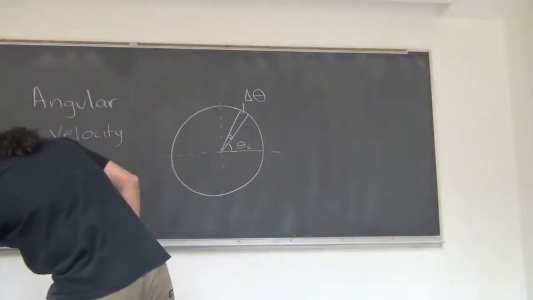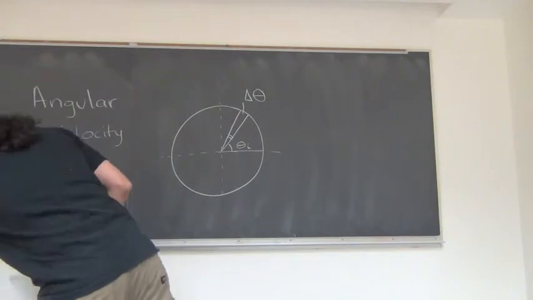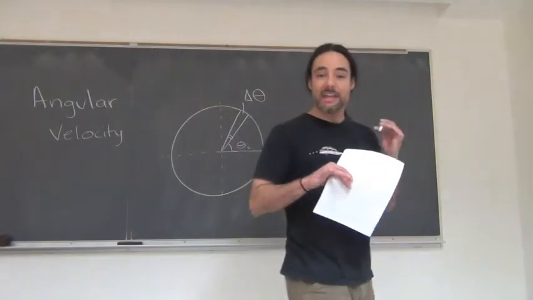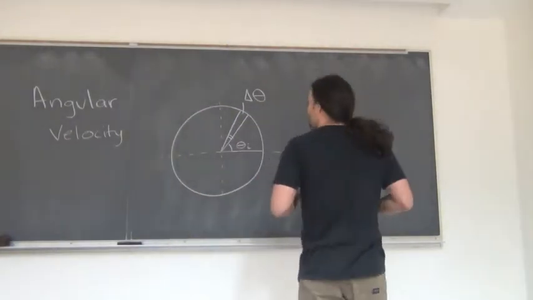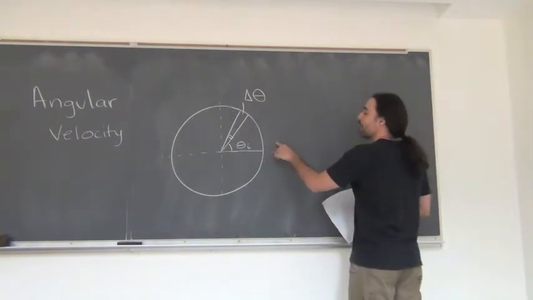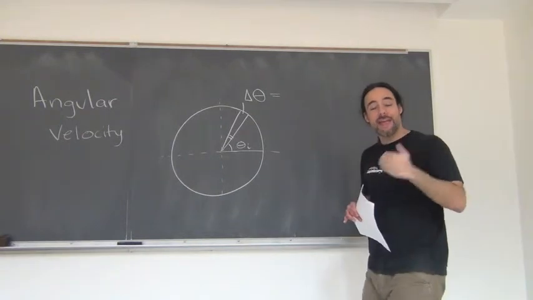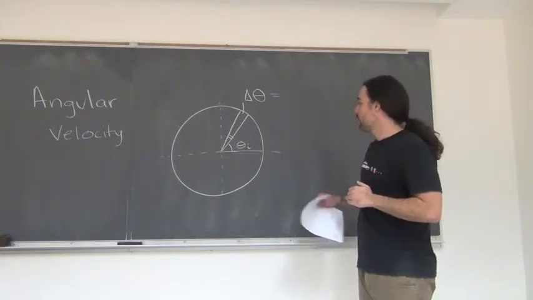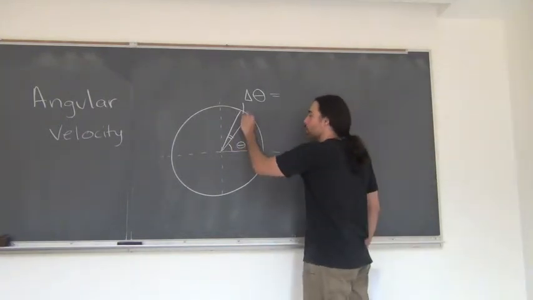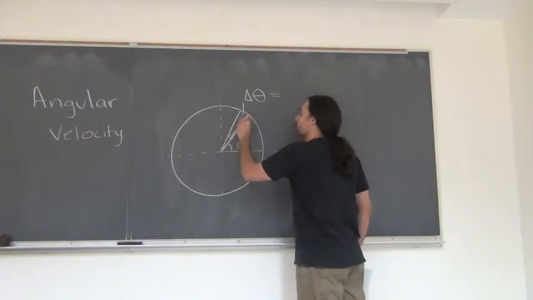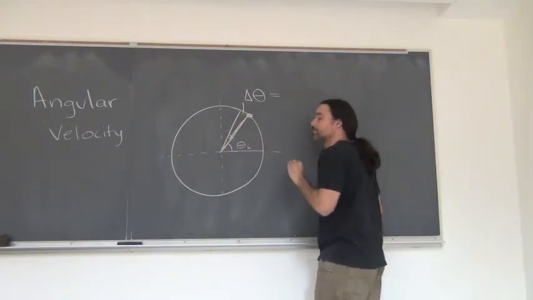So we're going to do that by defining a quantity called the angular velocity. First I want to figure out, how much has my angle changed? Let's say initially we were right here, say our red dot was right there.